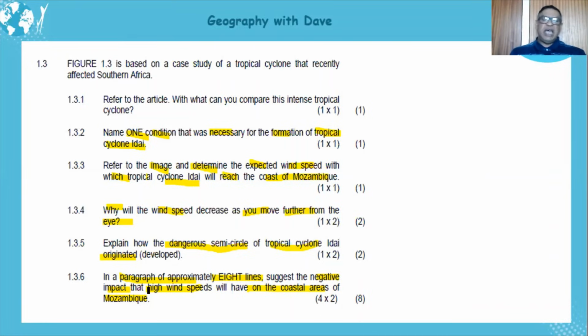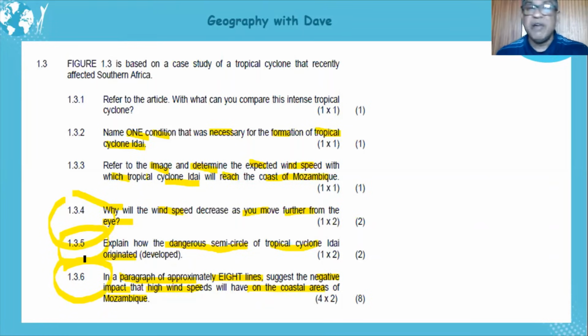Now, learners, I know it is also spoken about, the scaffolding of questions. You sometimes think 1.34 will be easier than 1.35, and 1.36 is the paragraph. Whoa, I do not touch the paragraph. It's too difficult for me. I'm going to leave it.